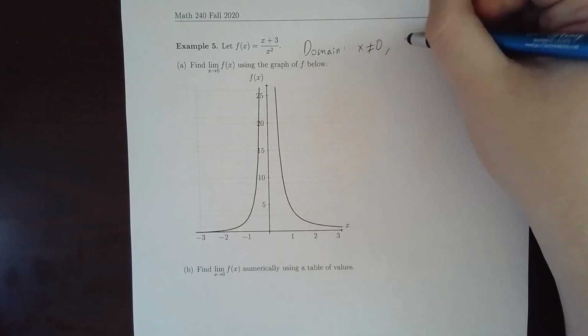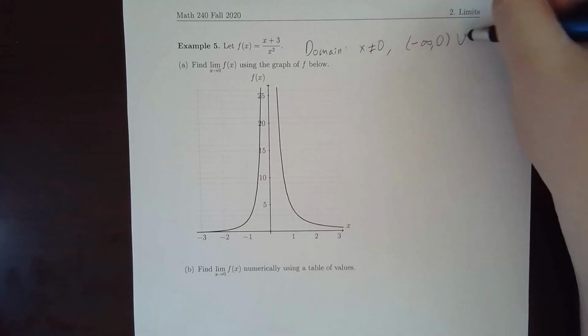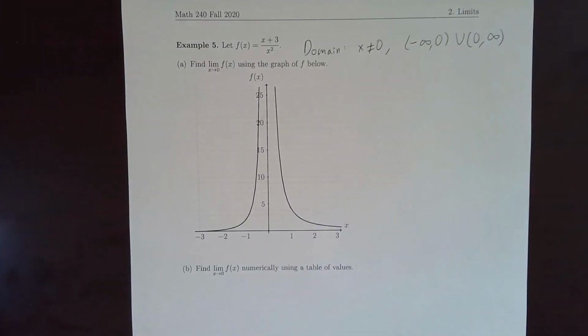Or a better way of phrasing that would be that our domain goes from negative infinity to 0, union 0 to infinity. And so even though we know that our function is undefined at x equals 0, we still can look at that limit as x approaches 0.